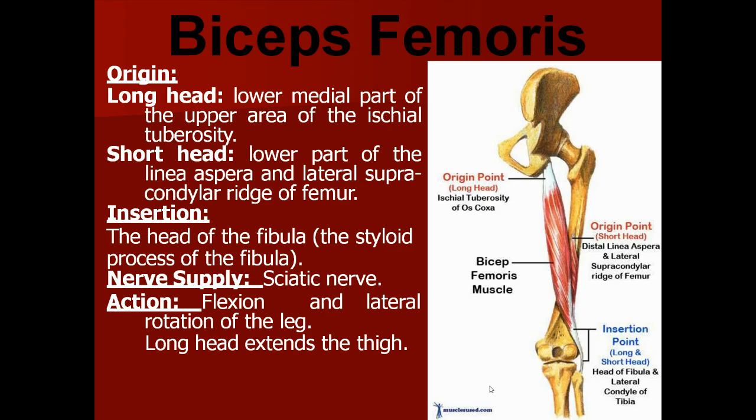Now, insertion: it inserts into the head of the fibula, that is the styloid process of the fibula. The nerve supply of the biceps femoris is the sciatic nerve, and it has the action of flexion and lateral rotation of the leg, and the long head extends the thigh also.